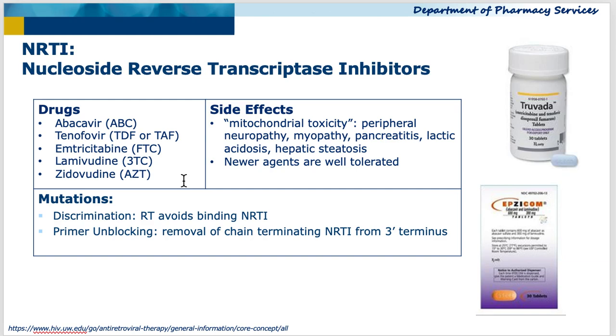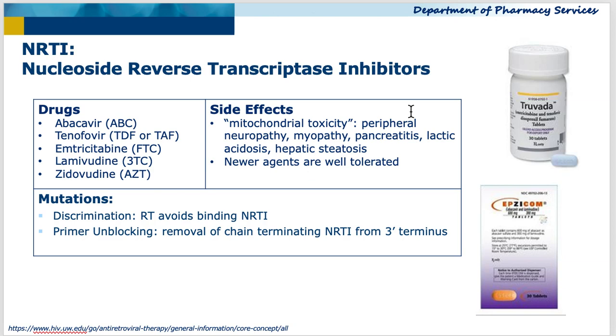Because just to reiterate, the 3 active ingredients in an ARV are going to be 2 NRTIs and either one of the other classes of medications that we briefly went over. So PIs, NNRTIs, or integrase inhibitors are going to be the third active agent.